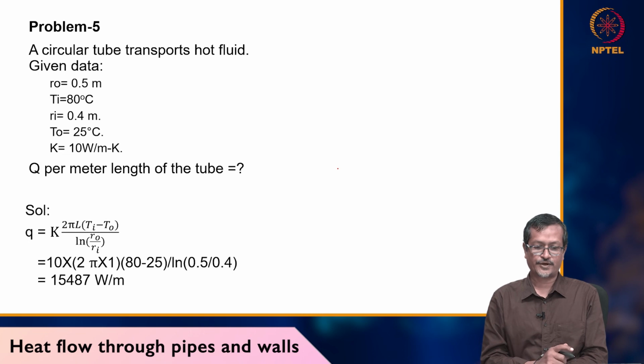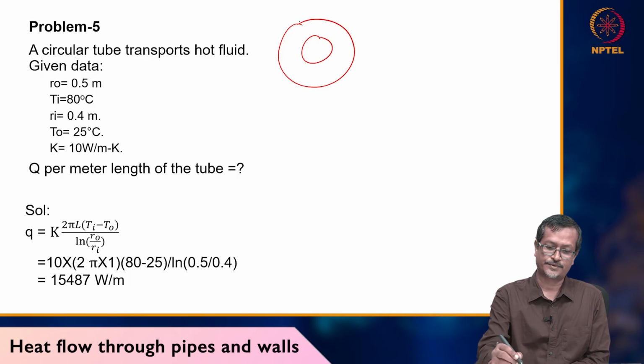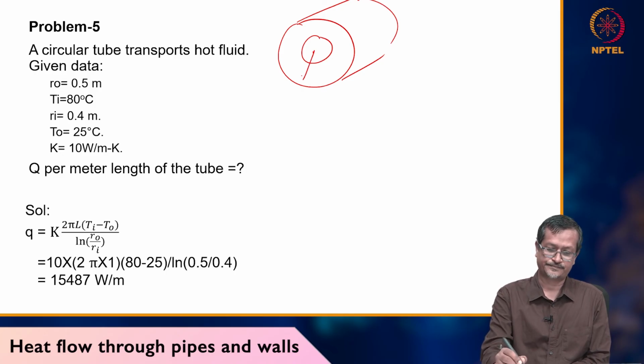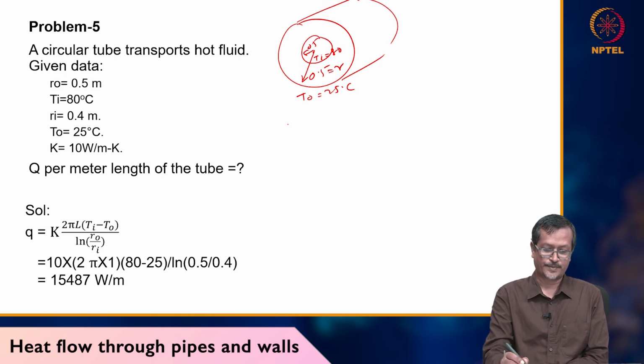Another problem is a circular tube transporting hot fluid. Given data: outer diameter 0.5 meter, inner temperature 80, outer temperature 25 degrees, and radius 0.4, this is 0.5, and heat transfer per meter length of the tube.